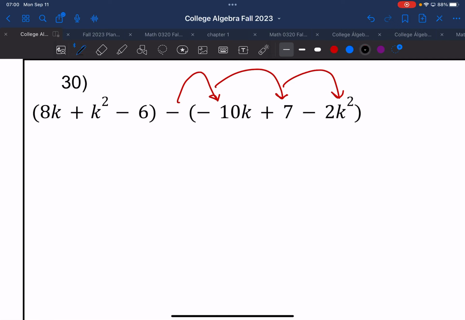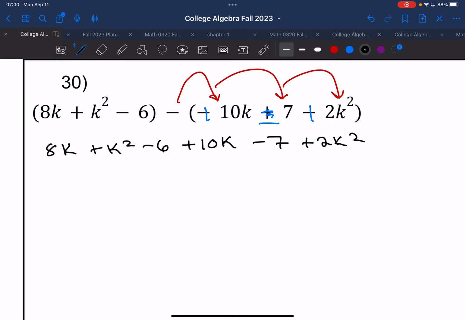Okay, I'm going to go ahead and start writing it out. We do not need the parentheses on the first expression, so I'm just going to bring that first expression down. On the second expression, all of these signs change. Okay. Now I have an expression without any parentheses.